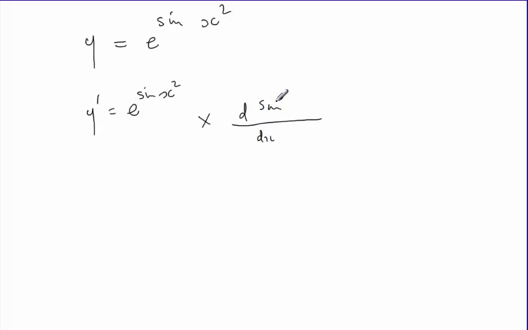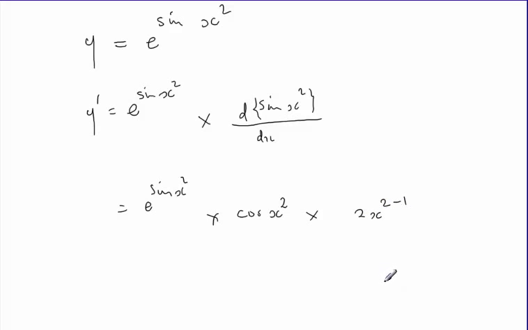In this case, the argument is sine x squared. I'm showing my working. The next thing, this will be equal to the same exponential function, e to the sine x squared, multiplied by the derivative of what? Of sine. The derivative of sine is cos, retaining the same argument, multiplied by the derivative of the argument.